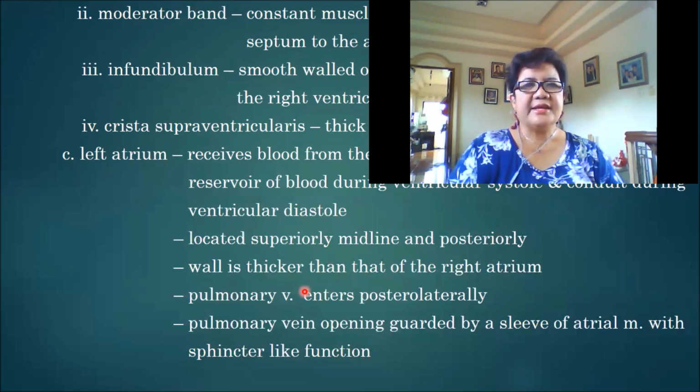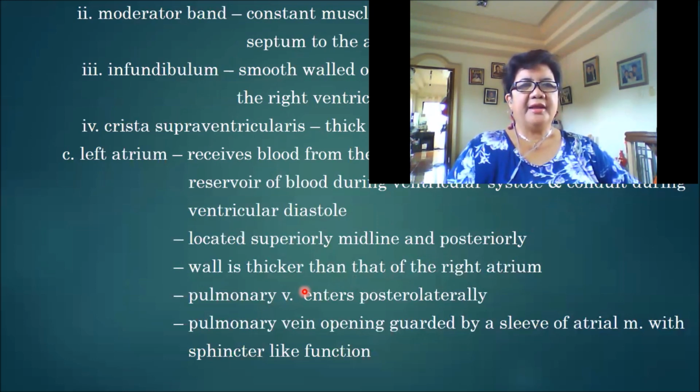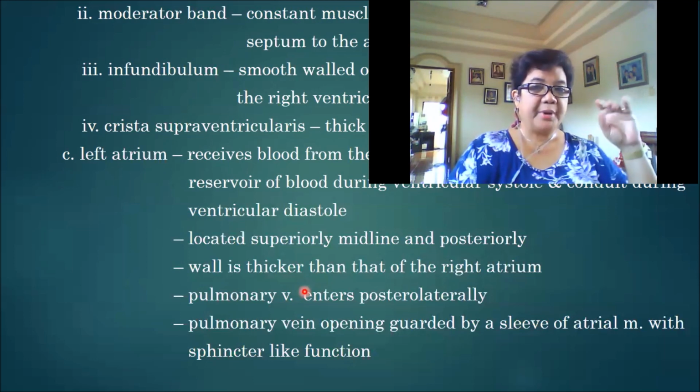Now, the wall is thicker than that of the right atrium. So, comparing the two, the left atrium is thicker because it has to pump the blood to the left ventricle.